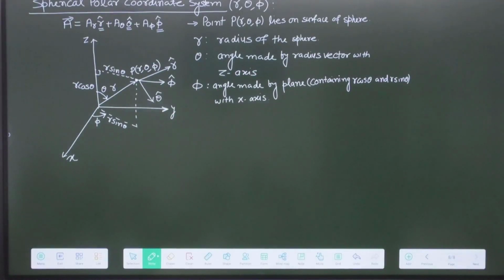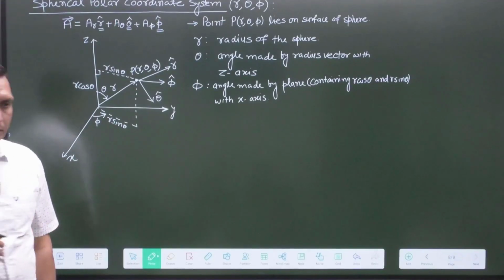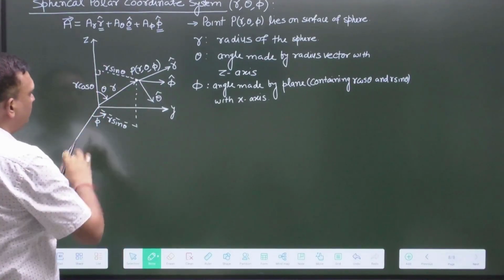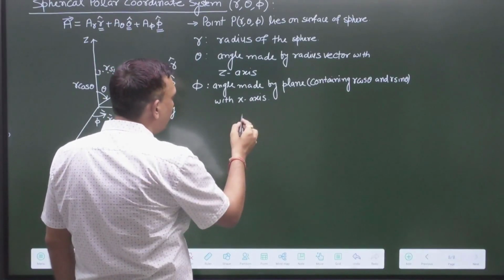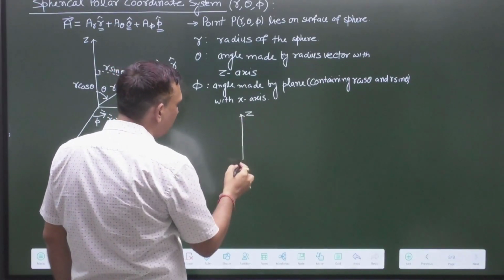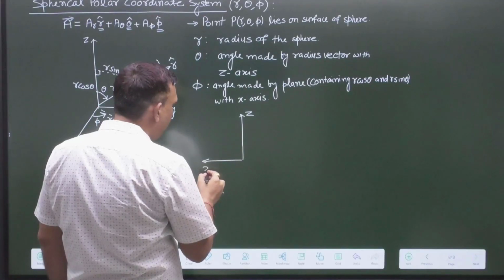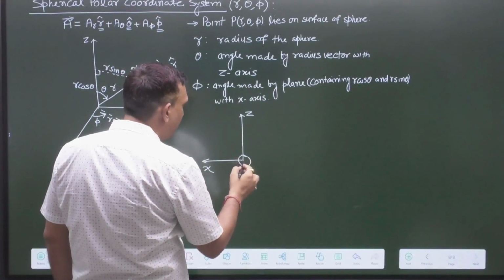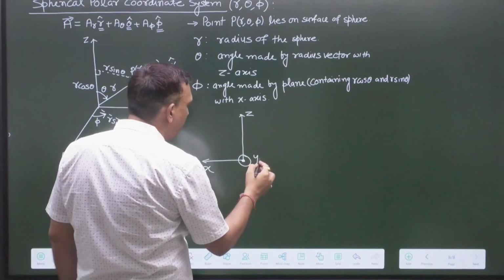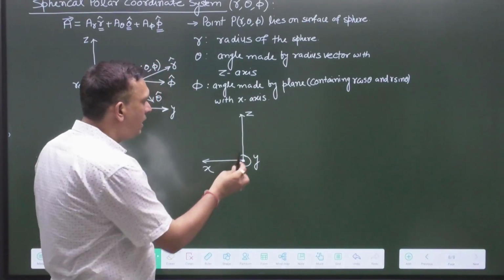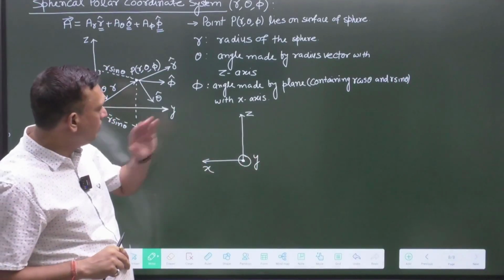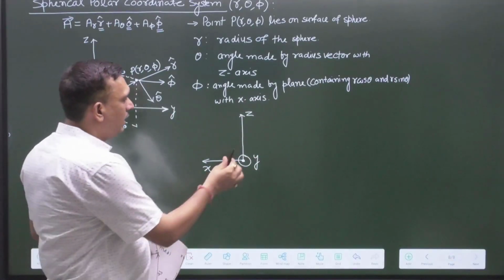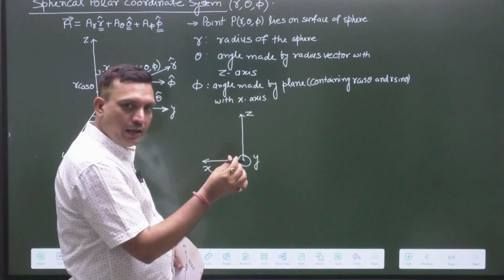Let's further visualize it. So let us assume this is z direction, this is x direction, and I am taking this perpendicular direction as y direction. So you can say this board plane is the xz plane and this direction is y.